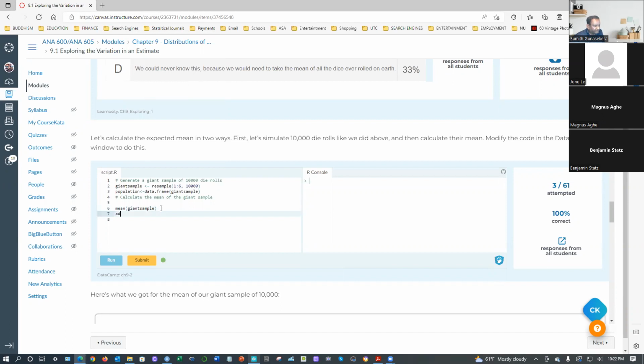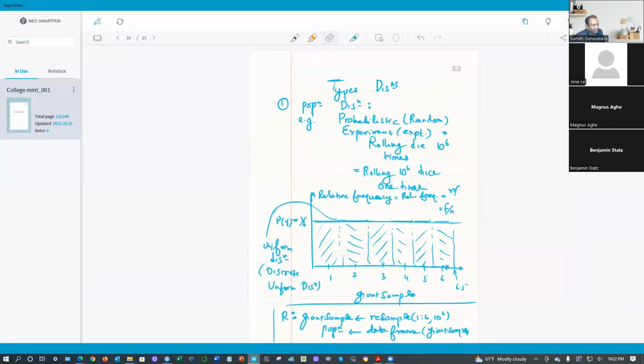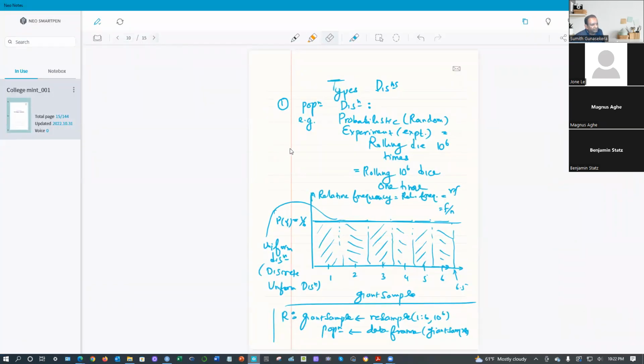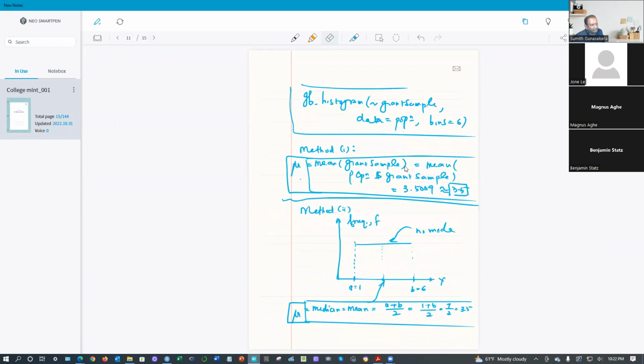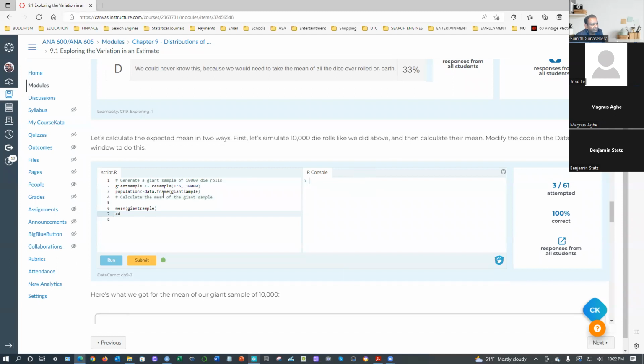And standard deviation, see, of the sample, or go to the population and then sample. Standard deviation of... 1.7.